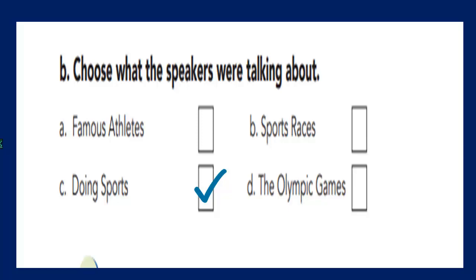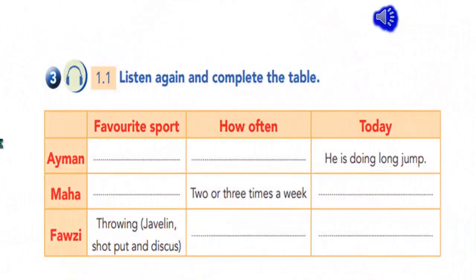Okay? Next step or exercise, listen again and complete the table. So we're going to listen again. Please focus with us to complete the table. We have 3 characters here, Ayman, Maha, and Fauzi.